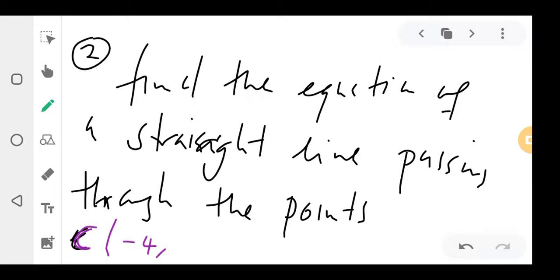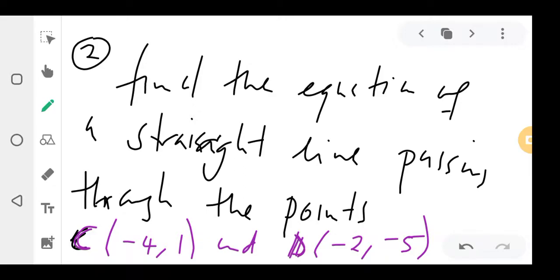Negative 4, 1 and D negative 2, negative 5. Okay, so it's passing through point C and point D.